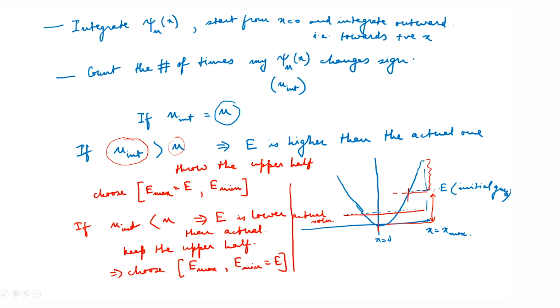Once we do this, we get another new trial wave function. So, select a new trial psi using the new guess of energy.